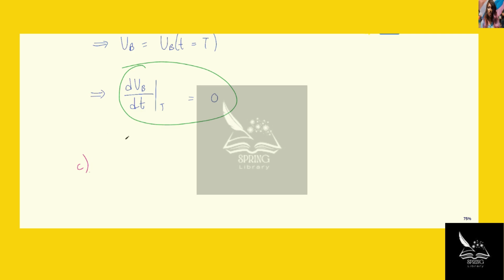For part C, the energy supplied by the EMF device over one cycle, U_E, is equal to the integral from 0 to T of the power P_epsilon dt, which is the current I times the peak EMF epsilon m multiplied by the integral from 0 to T of the sine of the driving frequency omega d times t minus phi, times the sine of omega d times t dt.